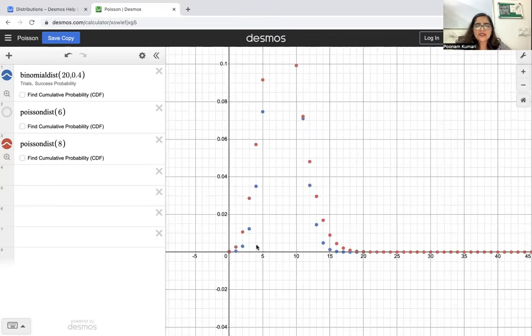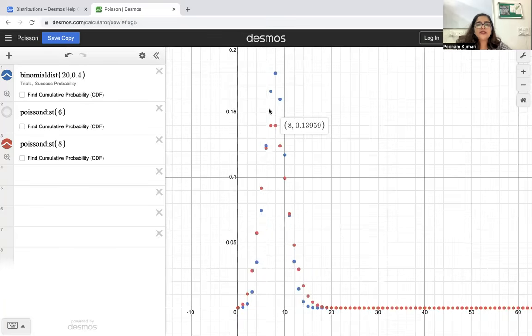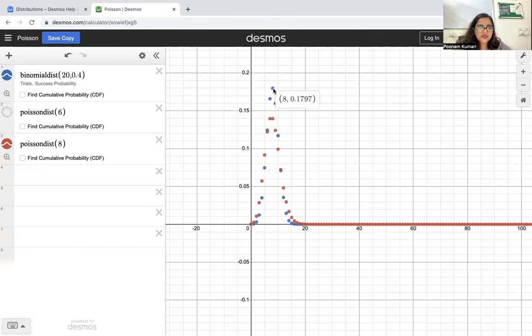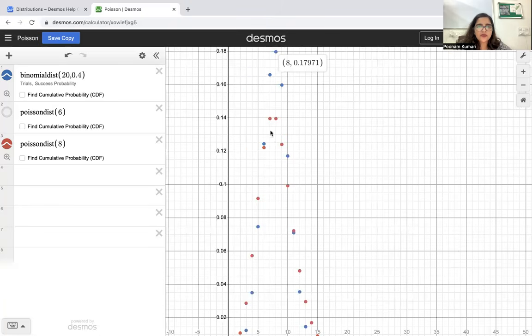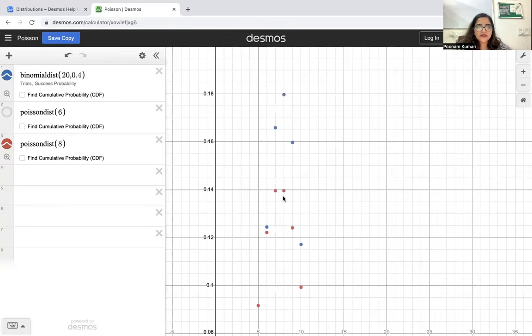So this is the meaning, that whenever my number, and you see this number is such a high value, this number is such a low value. Whenever this is the value at 8, one value is this and one value is this. So they have a lot of difference.